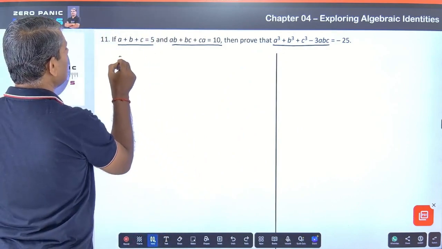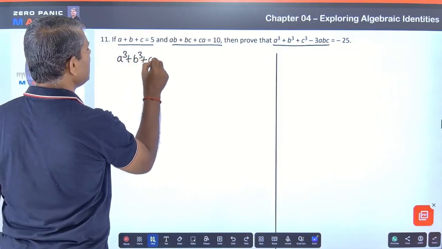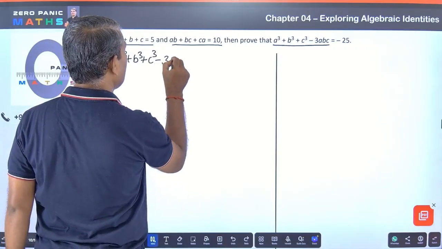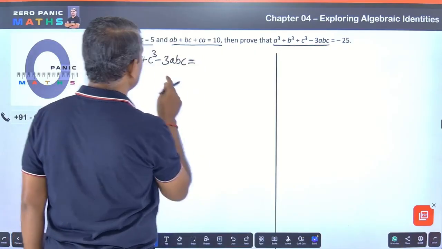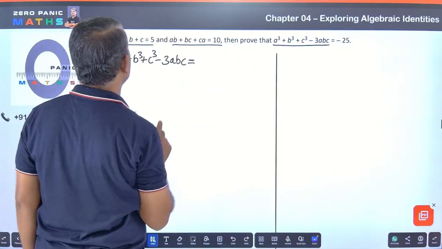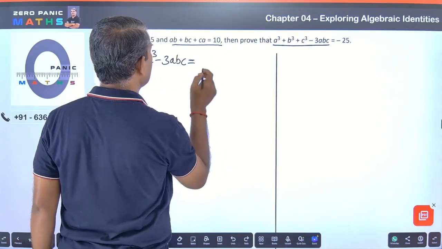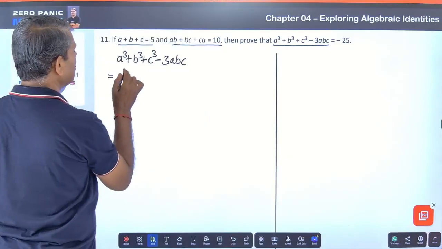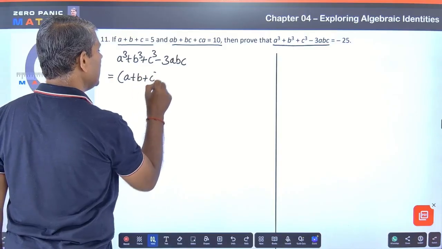So a cube plus b cube plus c cube minus 3abc, this is what they are saying, right? And we know the formula for this, or the expanded version of this, is a plus b plus c in one bracket.